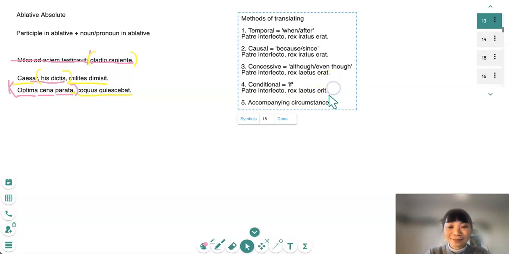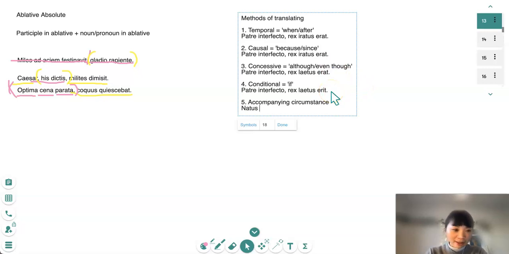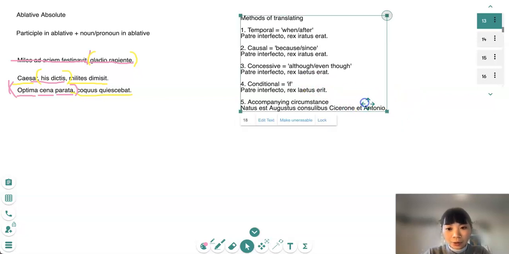the king will be happy. Lastly, we have accompanying circumstance, and this is a slightly more obscure translation of the ablative absolute, so I'll use a completely different example here. Natus est Augustus consulibus Cicerone et Antonio. I say it's more obscure, but it is quite logical too.